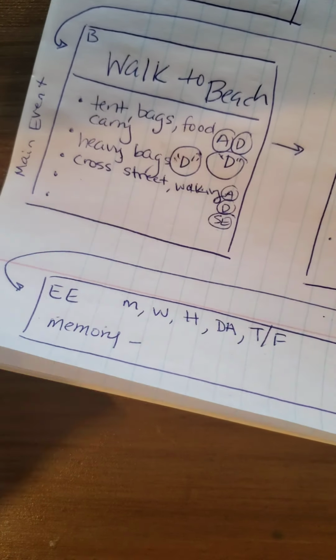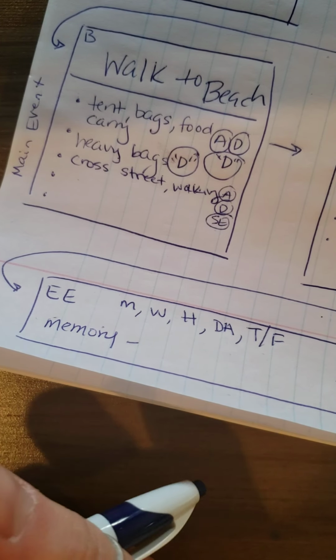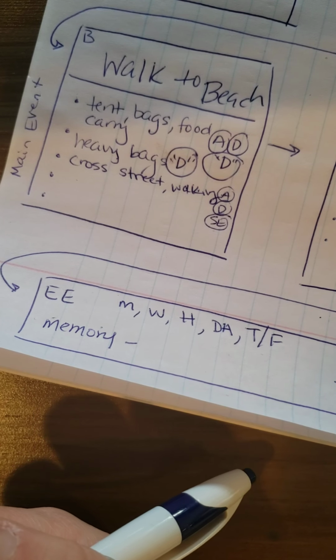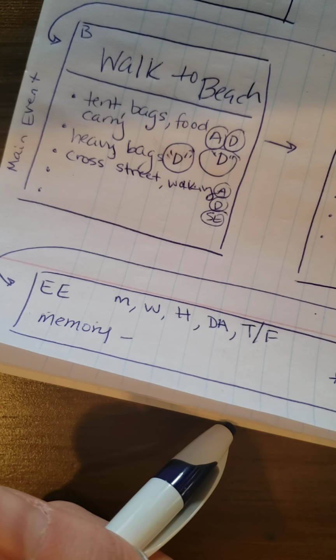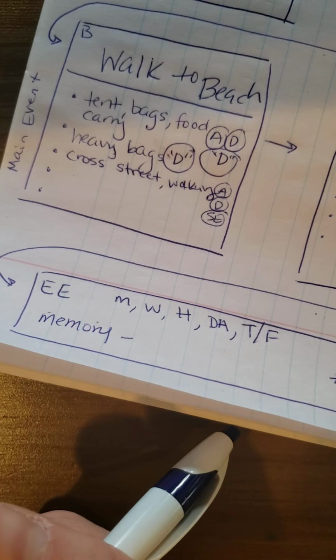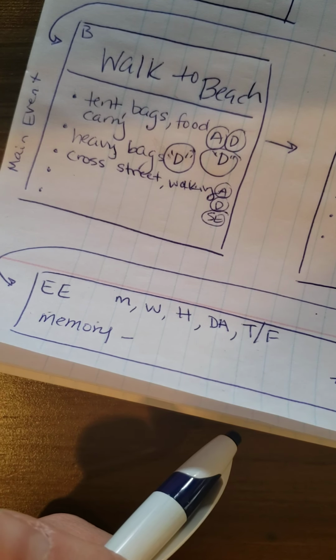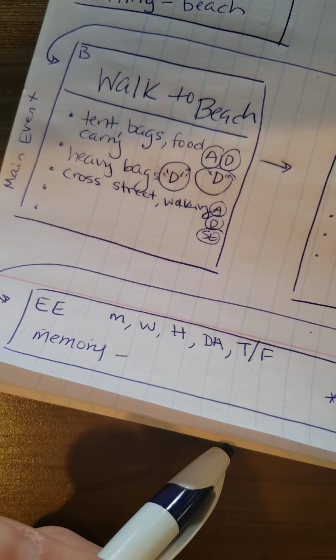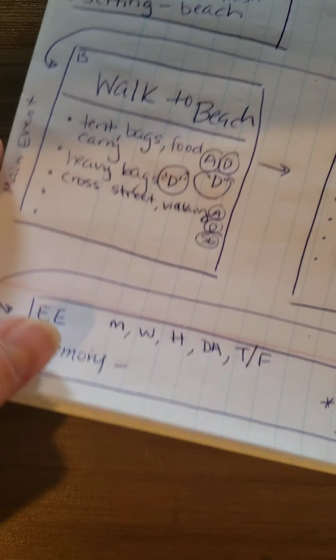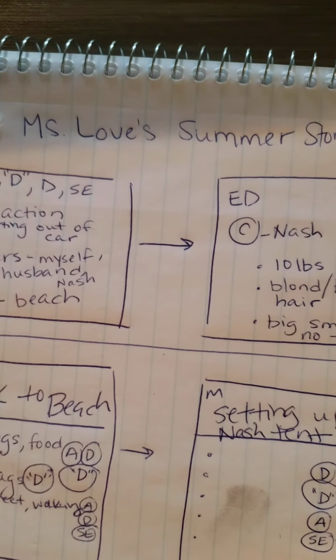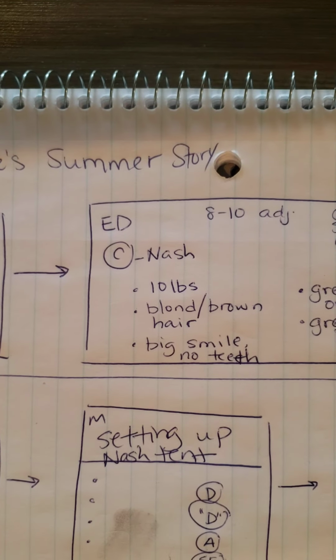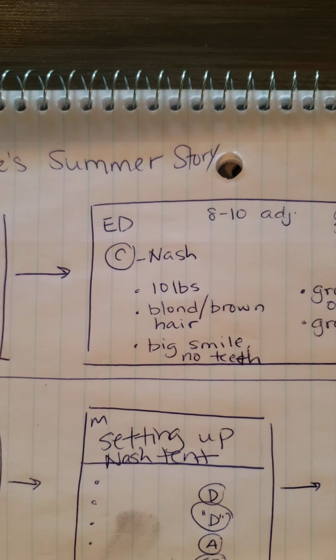So my memory might be, I'll never forget the time we went to Old Orchard Beach together. It was Nash's first time. I wonder if he'll remember our story. Something along those lines. So I just did it quickly and briefly for you, but these are the different sections for you guys. Hopefully this will help you filling out your stories at home.